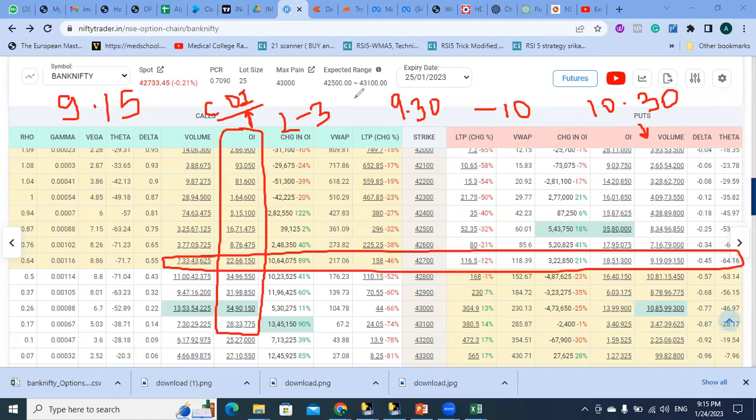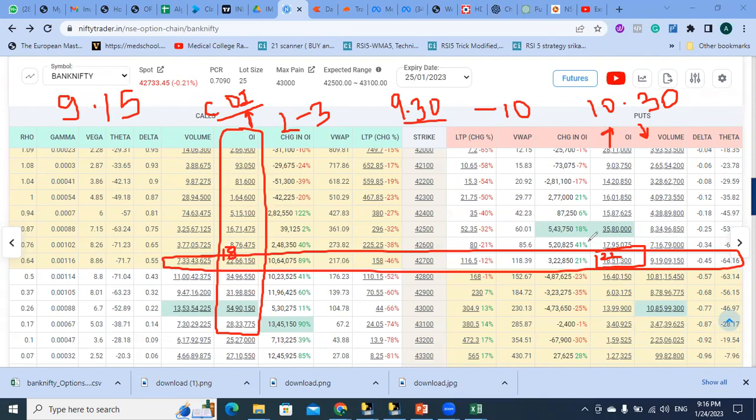Okay. This is how we can judge the trend of the market, and we can take a view about the market sentiment that is going on. Now, exactly opposite. If I see that at 9:30, this 18 lakh has become 28 lakh, and this 22 lakh is now 18 lakhs, it means the put OI is increasing.